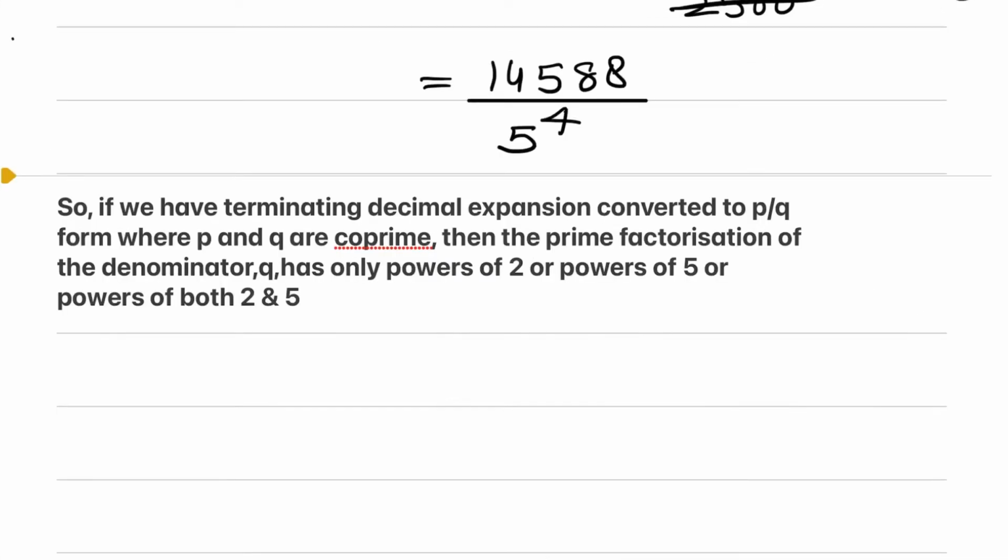If we have a terminating decimal expansion converted to p by q form where p and q are co-prime, then the prime factorization of the denominator q has only powers of 2 or powers of 5 or powers of both 2 and 5.